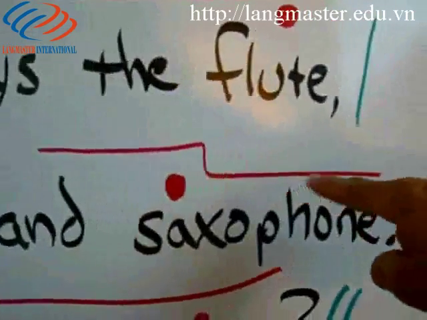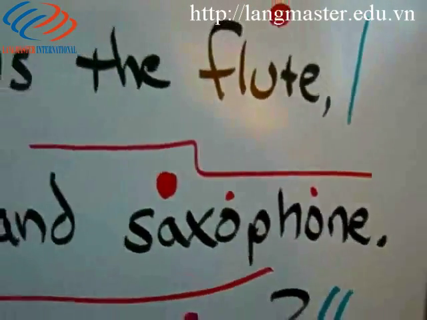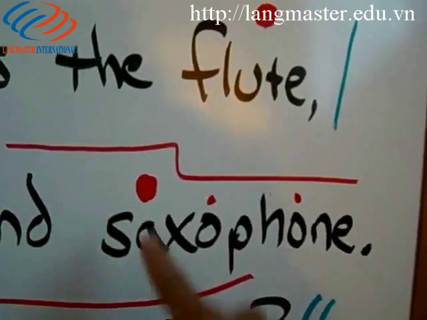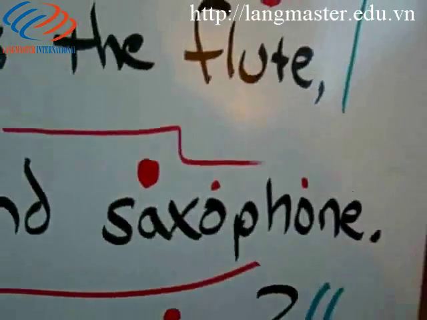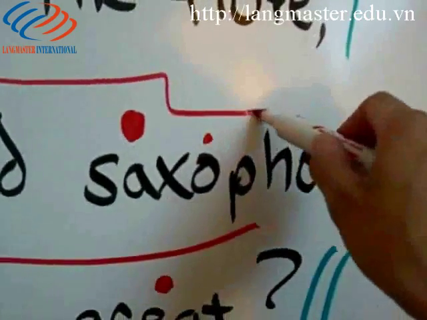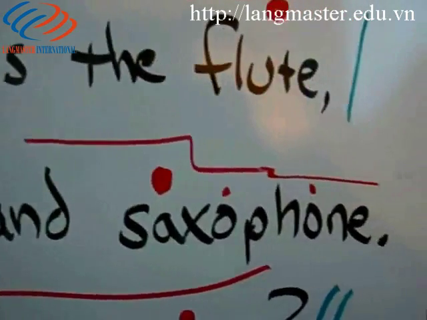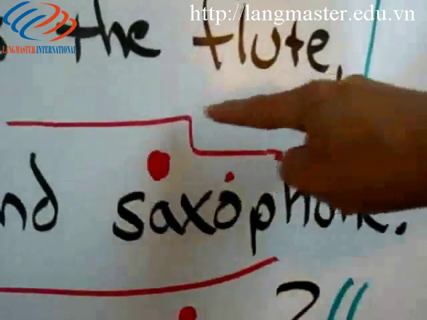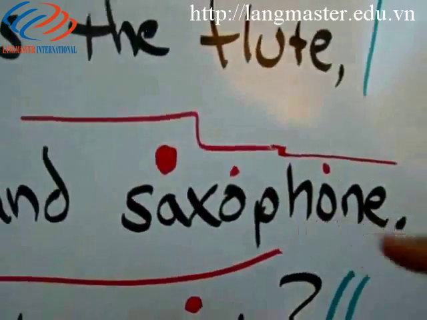In the case of saxophone, there are also 3 syllables, but the stressed syllable is the first one, which means we have 2 more syllables to make our voice fall down, and actually can fall down even further. The more unstressed syllables that follow, the more our voice can step down. Saxophone.